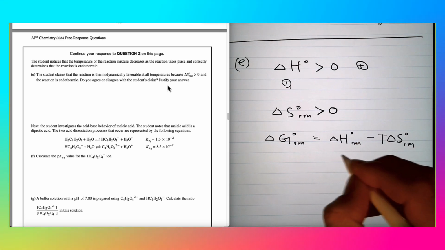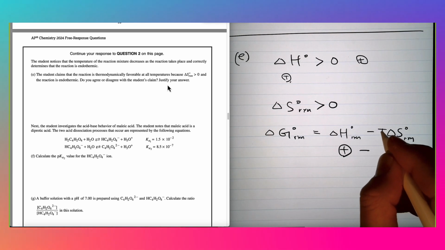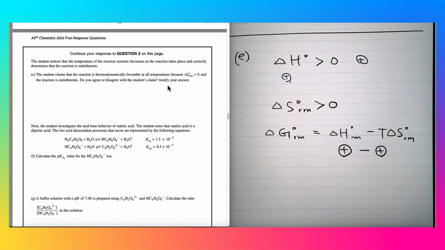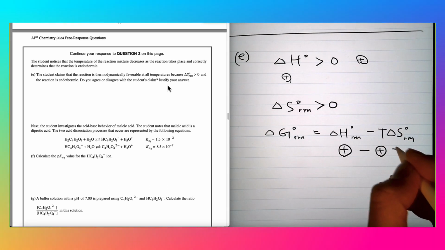We know delta H is positive and we have a minus, and T here is absolute temperature, so this is always positive. And it's true based on the balanced chemical equation that we saw, delta S naught is also positive.